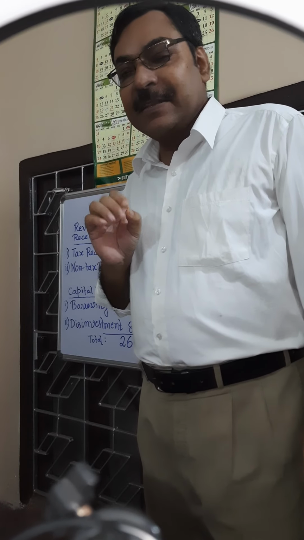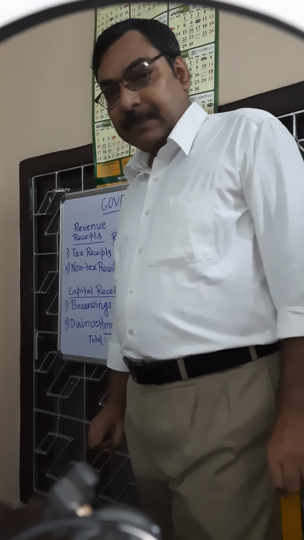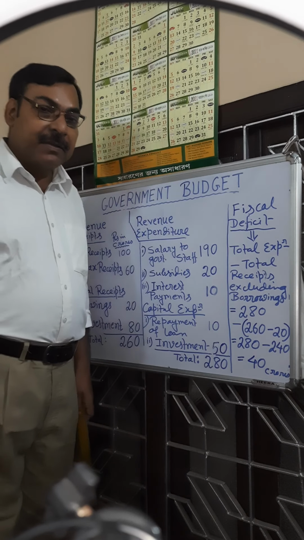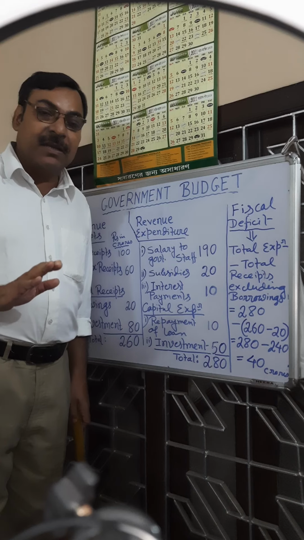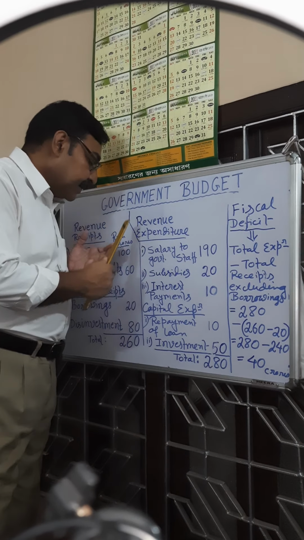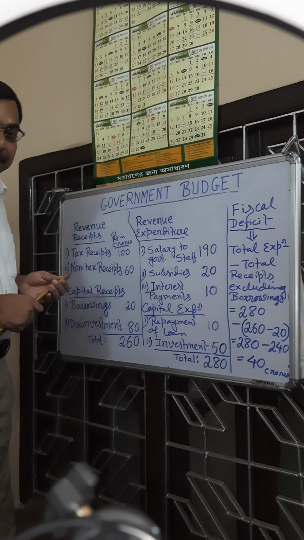These tax receipts or non-tax receipts do not affect the asset and liability condition of the government. Because of collection of taxes, government liability or asset condition is not at all affected. This is why these receipts are within revenue receipts.